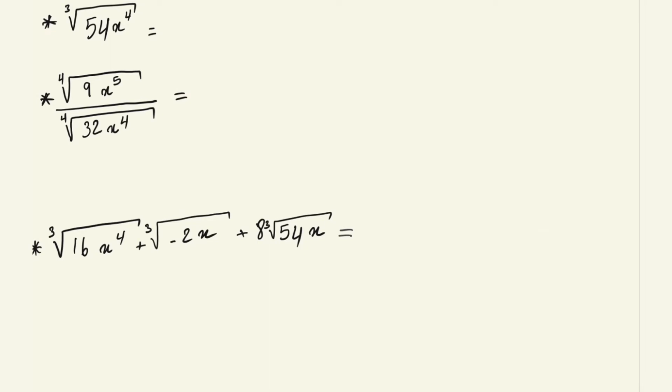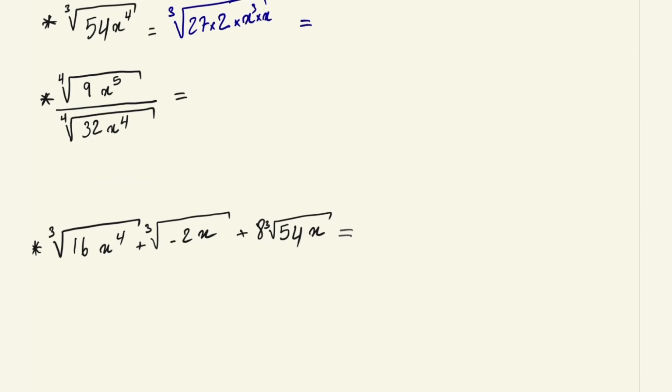So the first one, we try to simplify these numbers under the third root. Since we have the 3 here, we have to find something with the 3rd power. We see that 54 is just 27 multiplied by 2, and x to the 4th is just x to the 3rd times x.